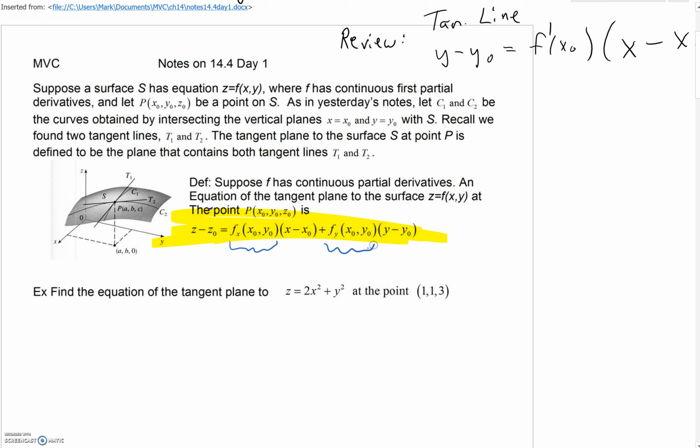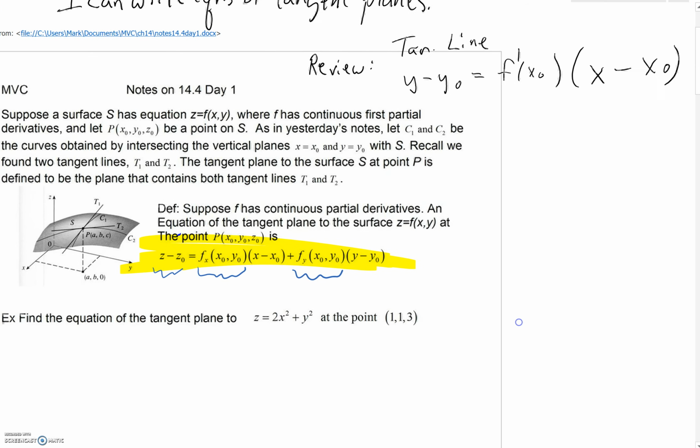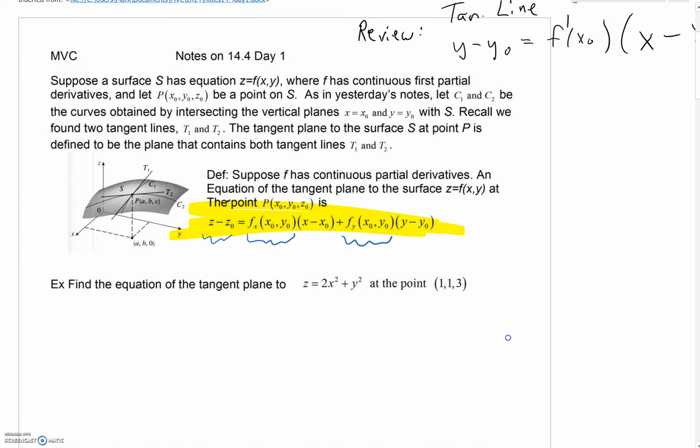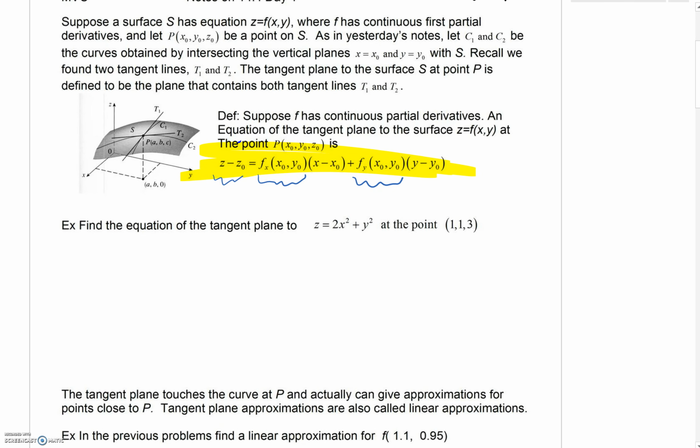Here's the derivative with respect to y, plugging that in, times y minus y naught. But look at the left-hand side, z minus z naught. I think you can see incredible similarities to what we started with at the top right part of the screen. Obviously, it's more complicated, but this is, in fact, how you can write the equation of a tangent plane.